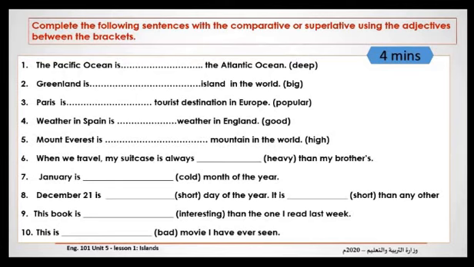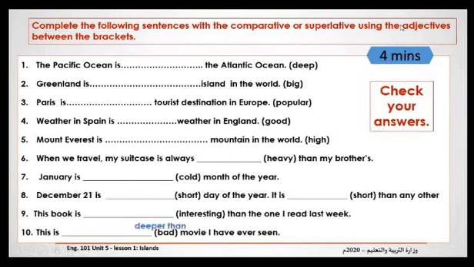Now, let's look at the model answers. Number 1, the Pacific Ocean is deeper than the Atlantic Ocean. Number 2, Greenland is the biggest island in the world.